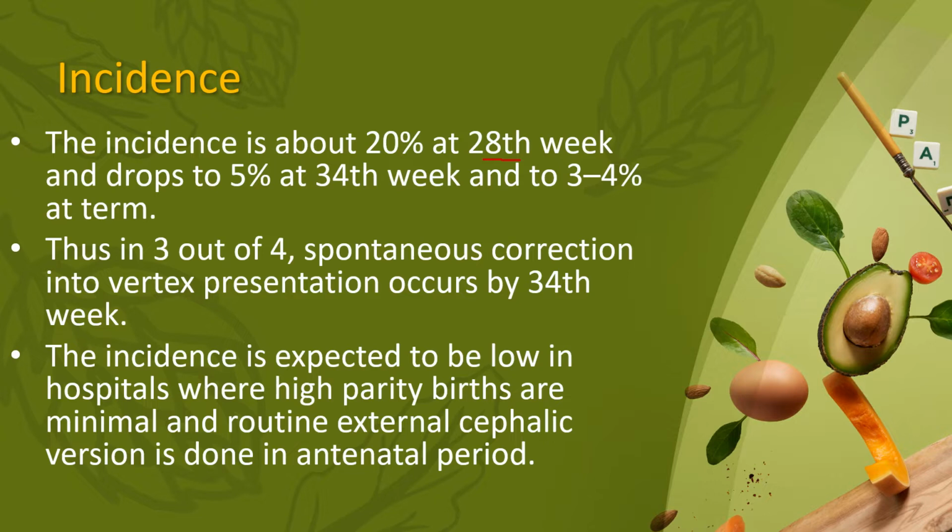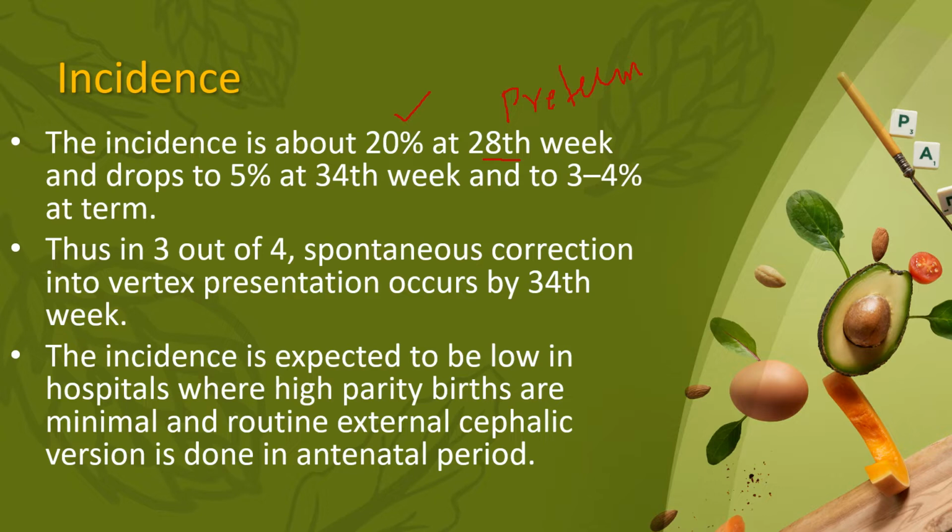What does this mean? At 28 weeks the mother is obviously preterm. If the mother is in the preterm period, she could have a spontaneous delivery or, because of some causes, there is a 20% chance of breech presentation. Why? Because the mother has a lot of space in the uterus and the baby is very small. That is one reason.